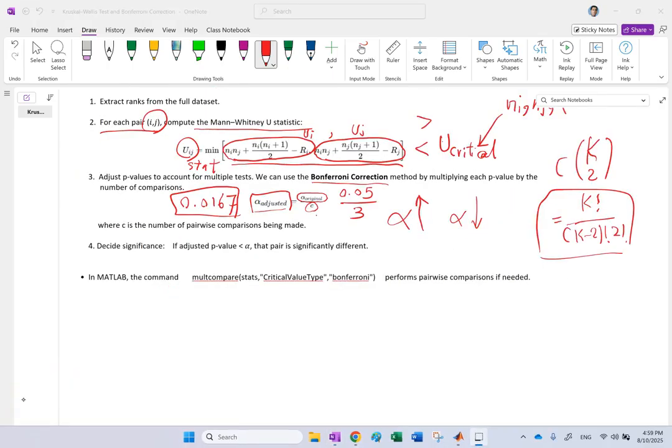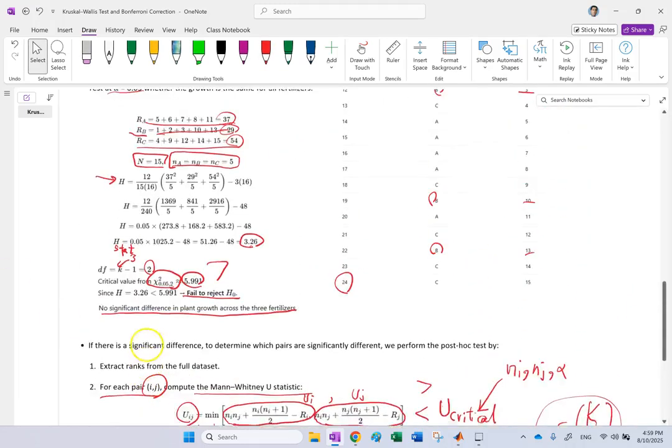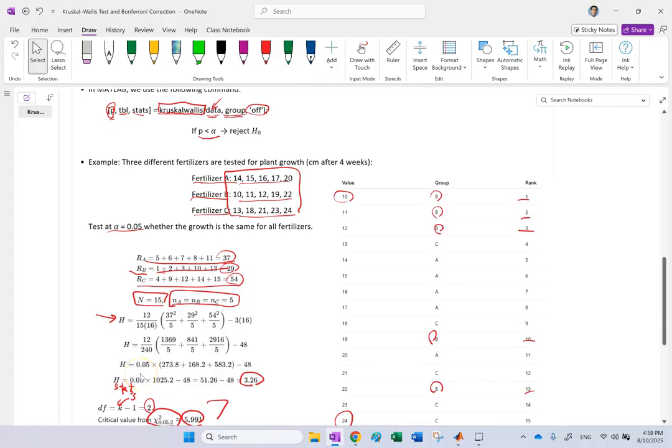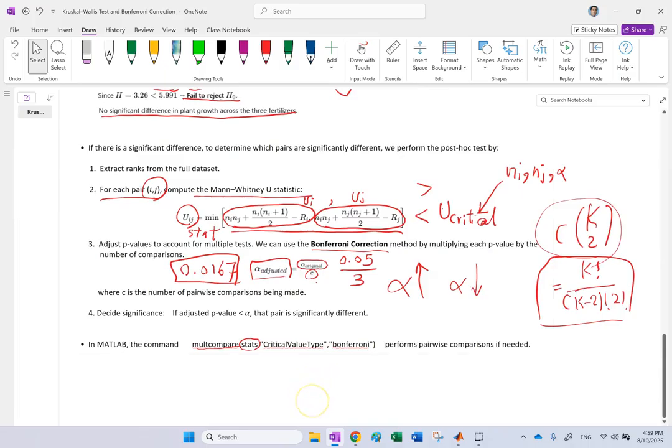Okay. So how do you do it? Of course, it's going to take time if you want to calculate these UIJs and do this U critical each time and do a bunch of these comparisons. In MATLAB, the command called multCompare, which I showed you in one of the previous videos, does that very fast and very accurately. All I need to pass to it is this stats that I got from my Kruskal Wallis. And I say, for the correction of critical value type, use the Bonferroni.